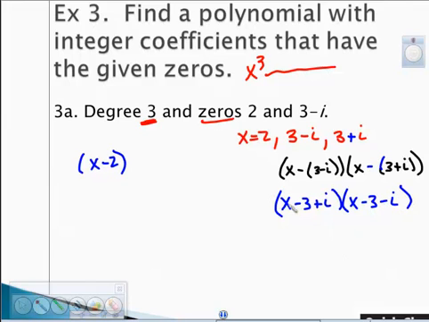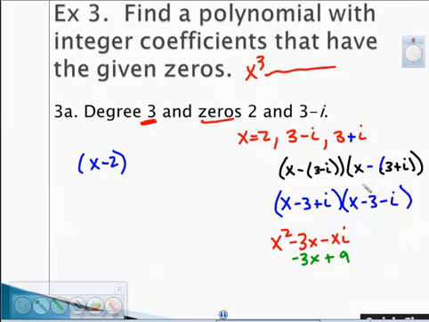So to simplify it, you're not going to like it, but just get over it. x times x is going to be x squared. x times negative 3 is negative 3x. x times negative i is going to be negative xi. That's the first one. Okay, now the second one, I'll do in a different color, the negative 3. Negative 3 times x will be negative 3x. Negative 3 times negative 3 will be positive 9.